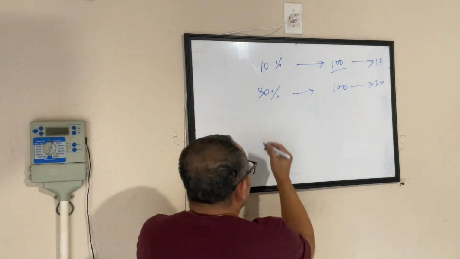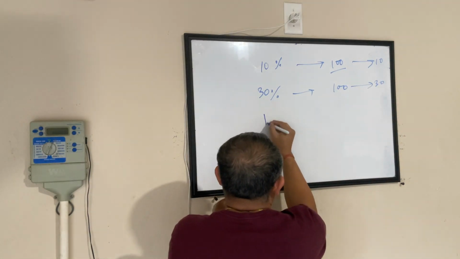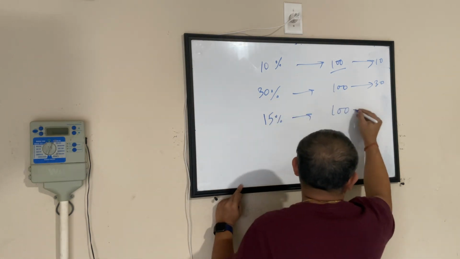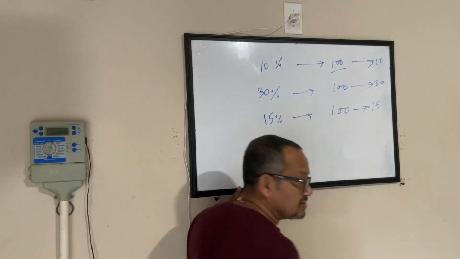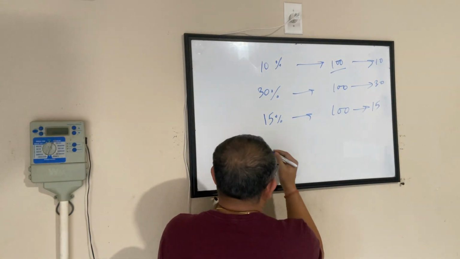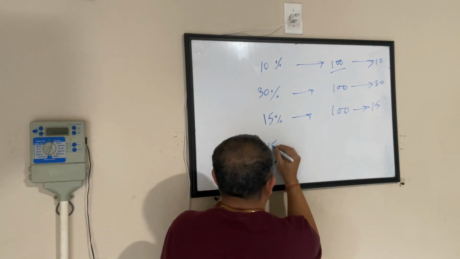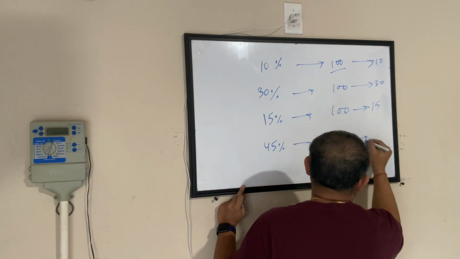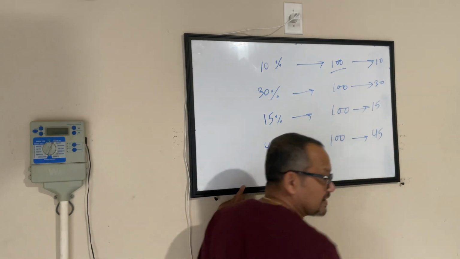If I say bank is giving me 15% interest, meaning for every $100 I put in, the bank will give me $15 extra. If Gap is giving 45% discount on Thanksgiving, meaning if I buy something for $100, Gap will give me $45 back.